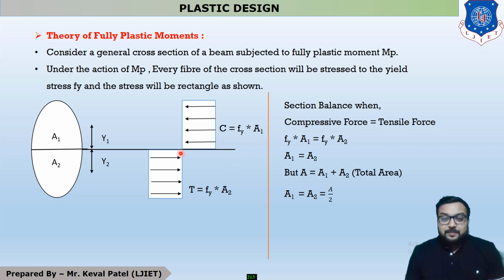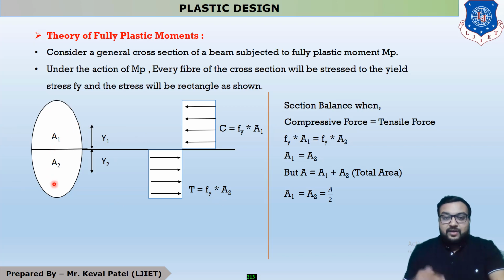Similarly, your tensile force is at the bottom half portion. So your tensile force is Fy, the yield stress, into A2, because A2 is the area of the bottom half portion.